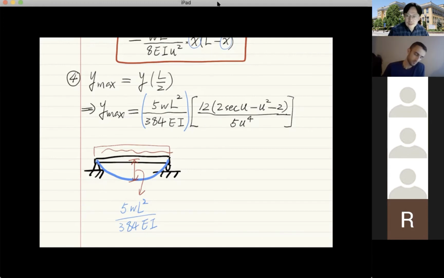Now, when we look at this, we know that to determine the condition to make the y maximum approach infinity, we look at this too. Do you think that the coefficient 5 WL squared over 384 EI can approach infinity? Do you think it's possible?